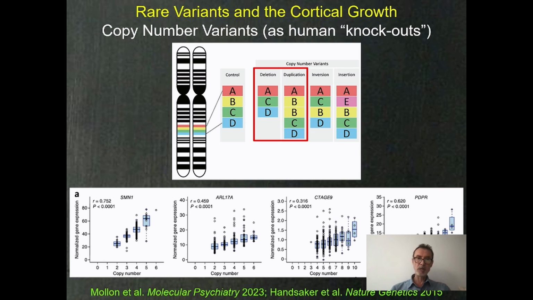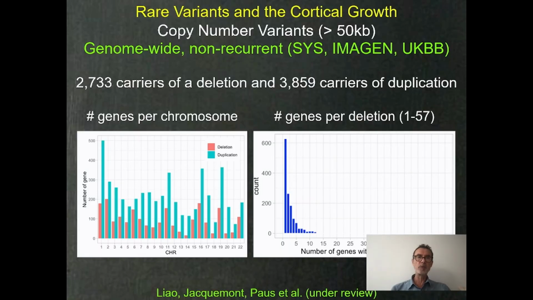And with my collaborator and my postdoc, Jitye Liao, we have done this in 3 cohorts: the Saguenay Youth Study, IMAGEN, and UK Biobank. We have done it using so-called burden score, when we add up essentially copy number variations across the entire genome, separately for deletions and duplication.